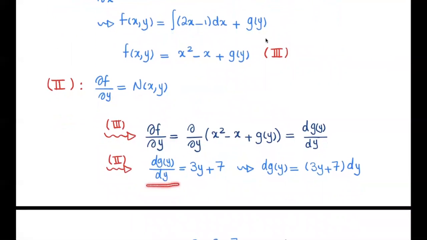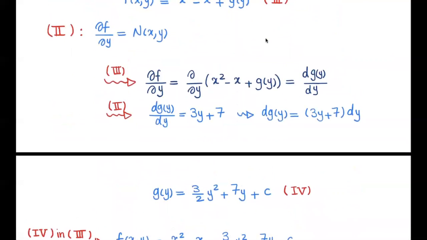So dg/dy will be 3y plus 7. And if we do the integration, as you can see, g(y) will be equal to the integral of 3y plus 7 dy. And if we do the integration here, we will find that g(y) is equal to the integration of this term plus the constant of integration.